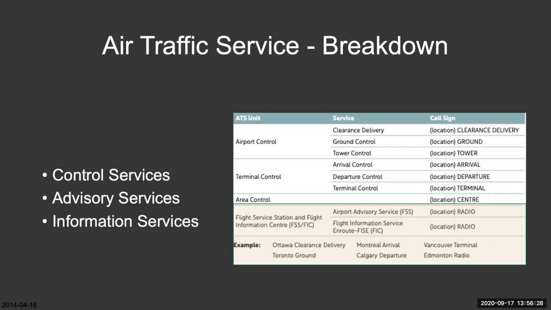They can also provide flight information and alerting service, although the flight information service would normally be of lower priority. Any flight information service unit, however, will not provide air traffic control service. So essentially what this is saying is that an air traffic controller does everything. An advisory service can give advice and information, and an information service only gives information.